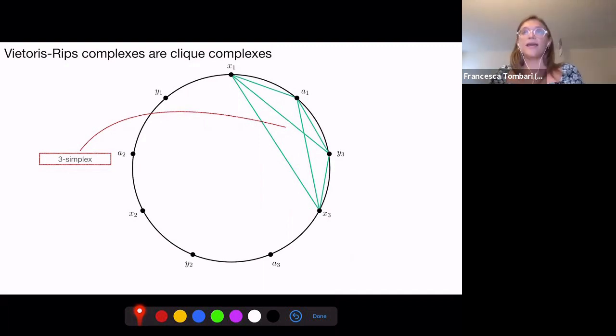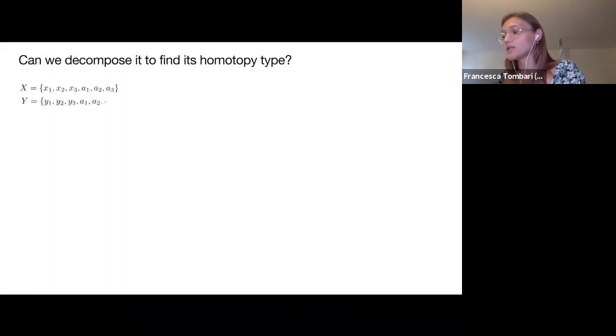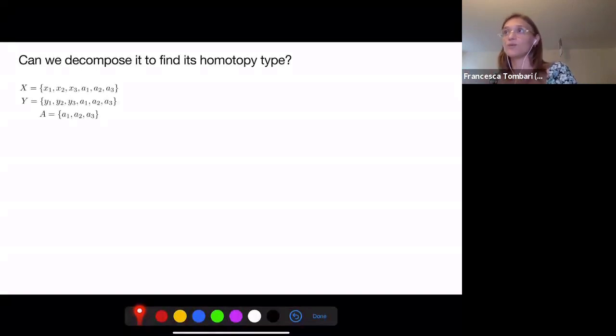All right, and so I want to attack this problem by considering a decomposition of this space Z. How? And here is the reason why I chose these letters to label the points of the circle.